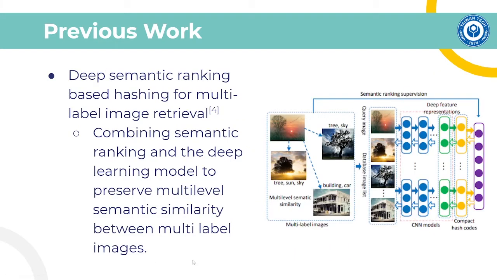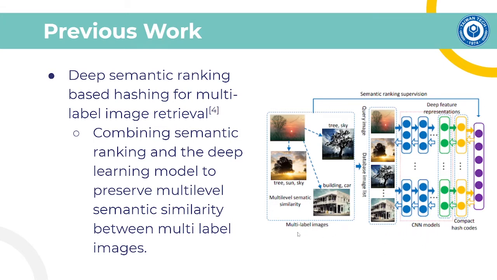This is also a one-stage network to learn the image retrieval task. They use multi-label images to generate a semantic ranking, and they use that semantic ranking to supervise the learning in the convolutional neural network.